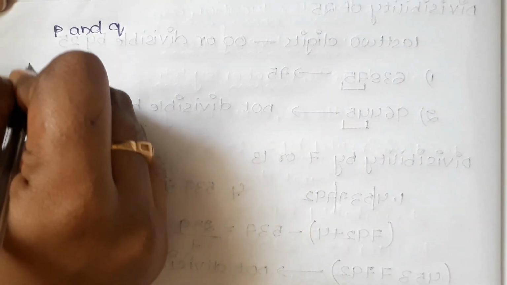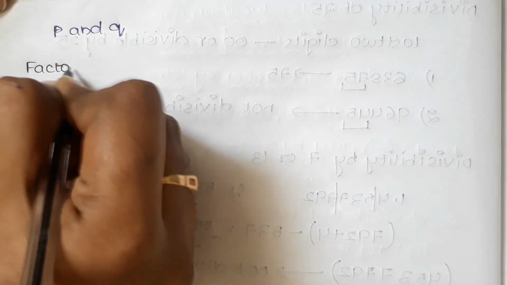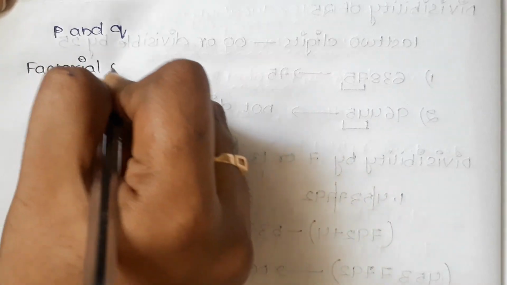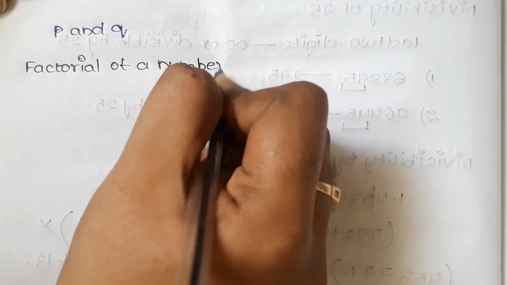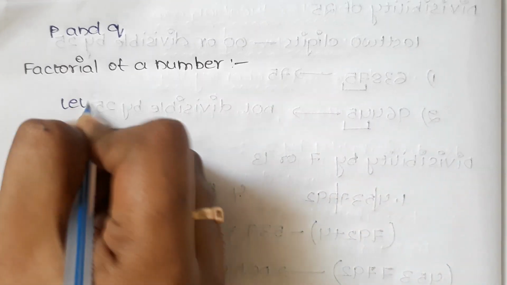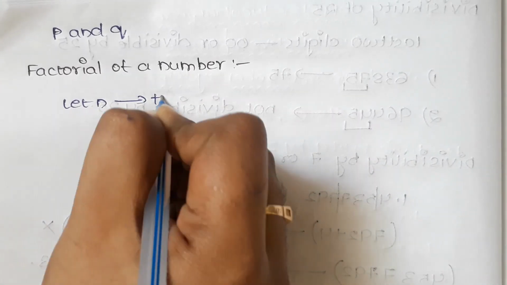And the next one is factorial of a number. Let us see about factorial of a number. Here let n be a positive integer.